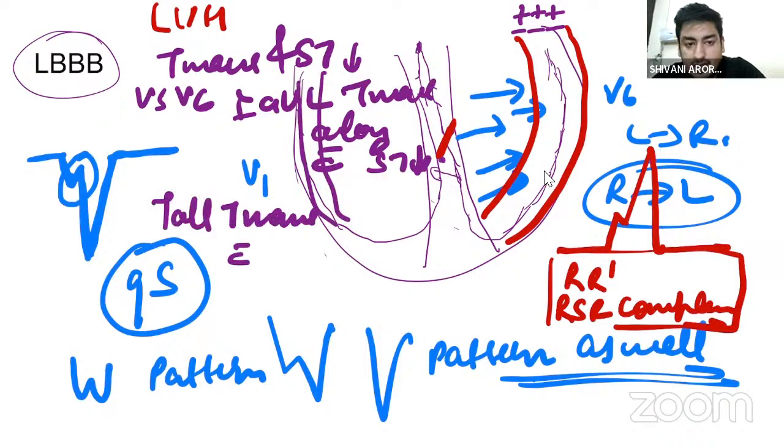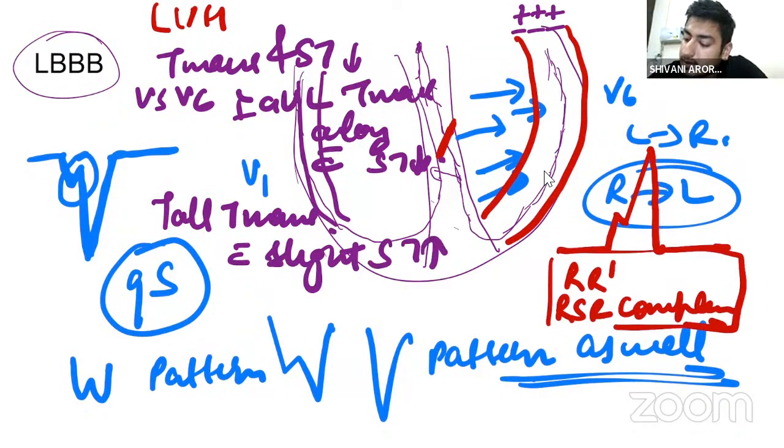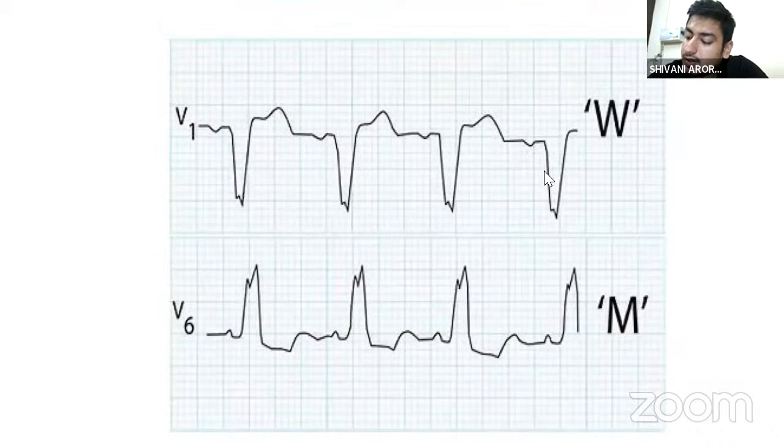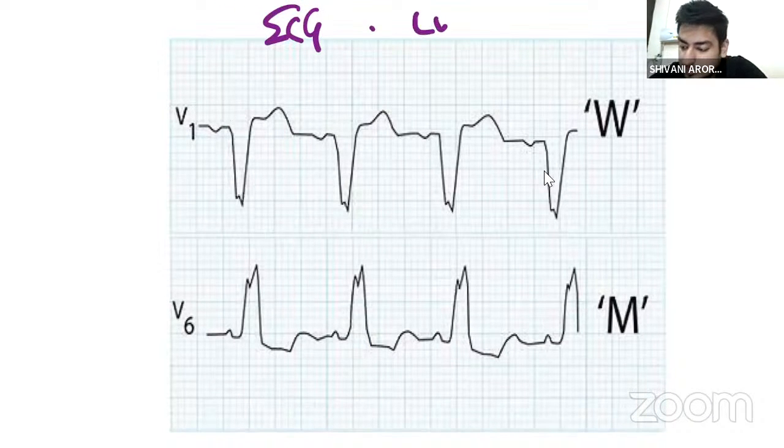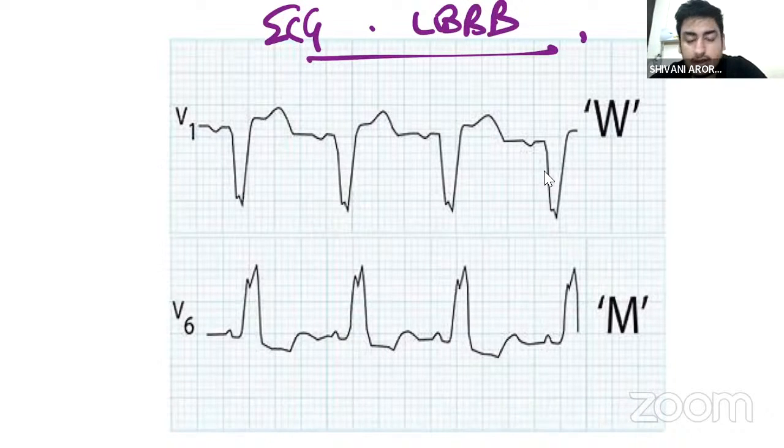So now we can clearly see this in this ECG. This is lead V1. We have this Q wave, small notching, S wave. This is a QS wave, or we can also call it simply an S wave.